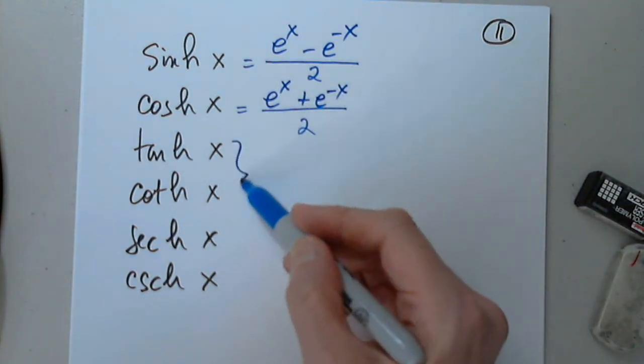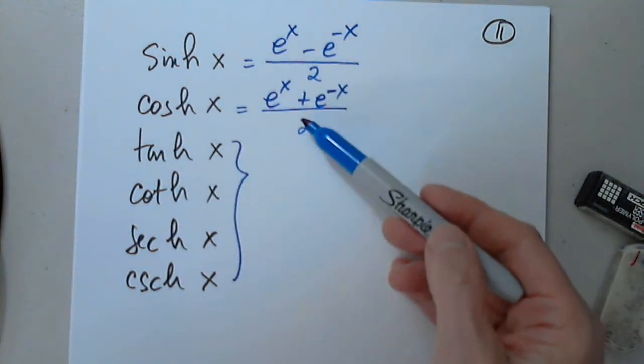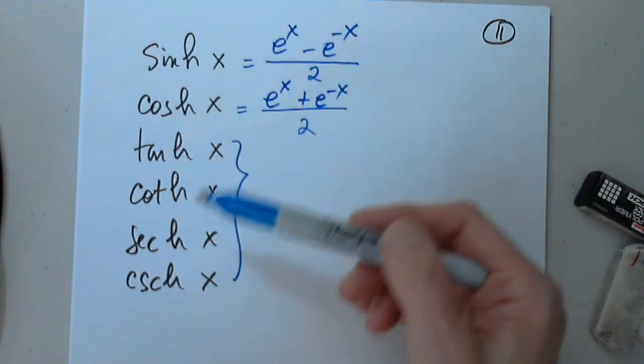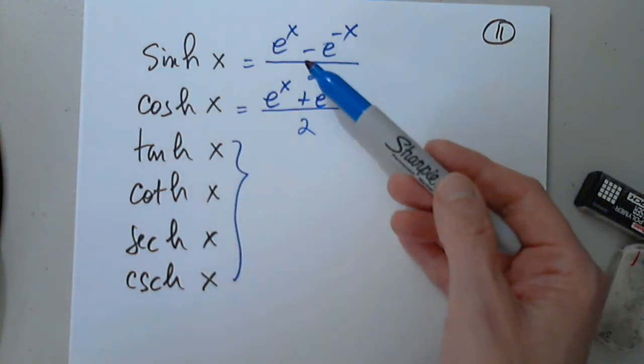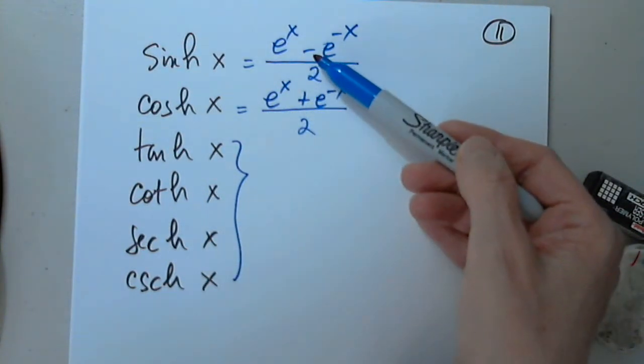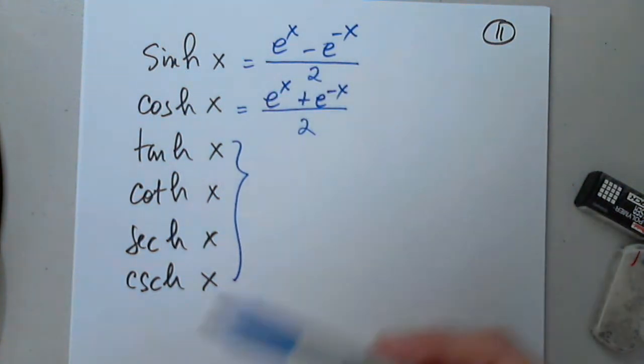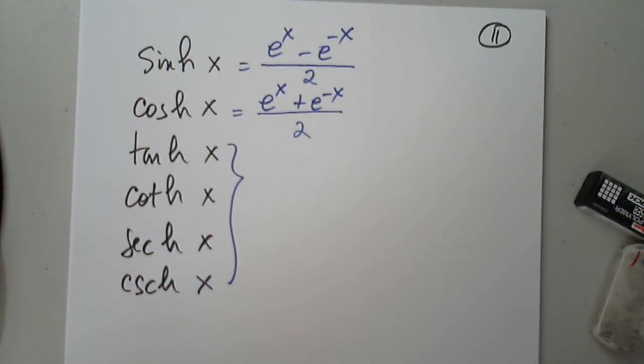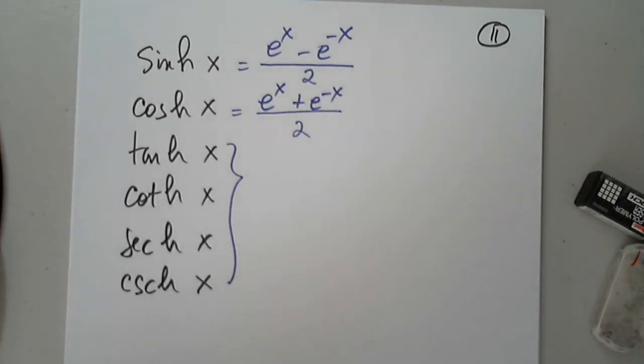And everything else follows. Tangent is this over this, cotangent is this over this, secant is 1 over cosine, cosecant is 1 over sine. So they do have some characteristics of trig functions, but they're not trig functions. They are simply combinations of exponential functions.